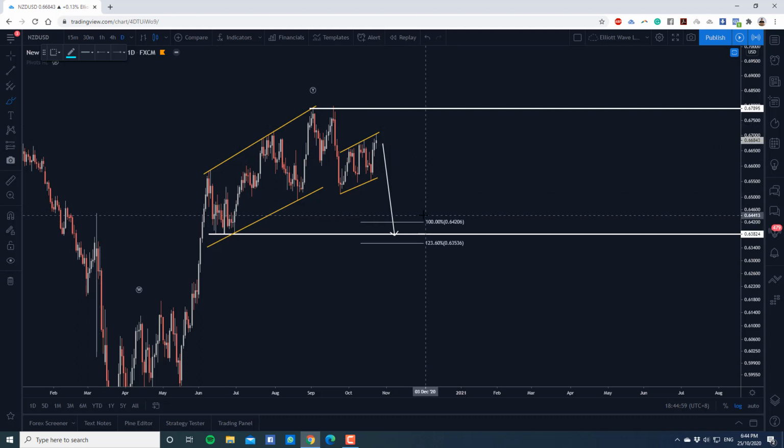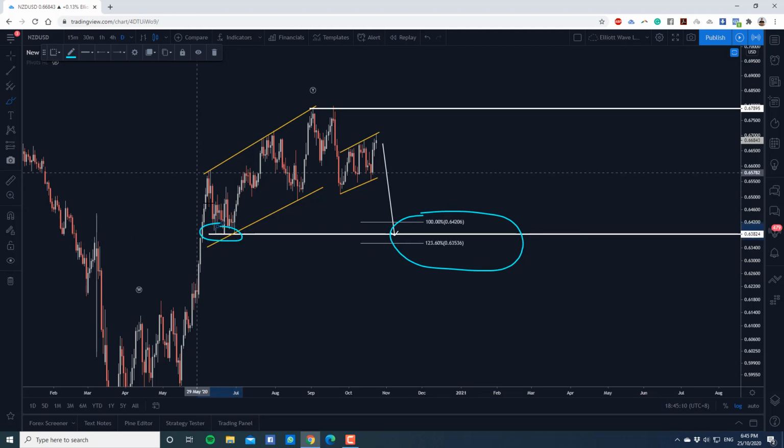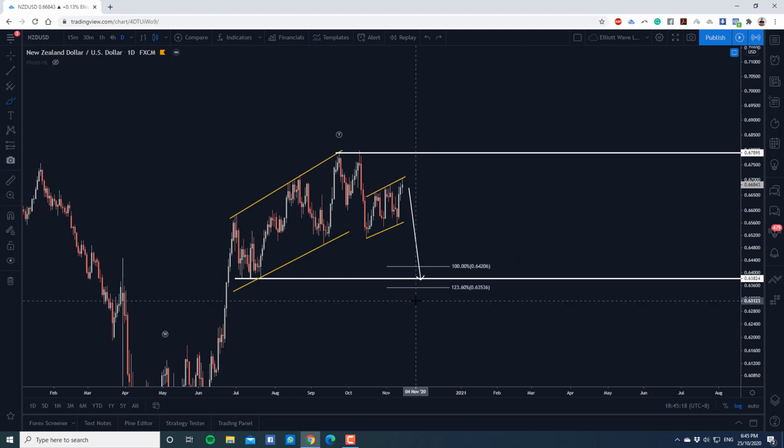The target we are looking out for includes some fibs, that's the area of 0.6420, which also confluences nicely with the previous low where the diagonal started forming, around 0.6380. That's the zone we are aiming for as the final target.